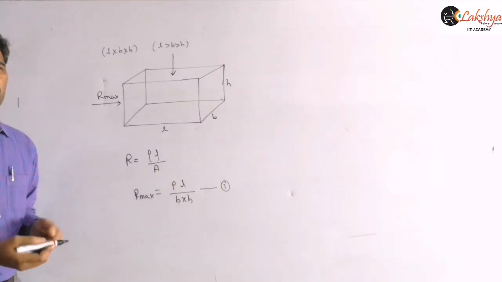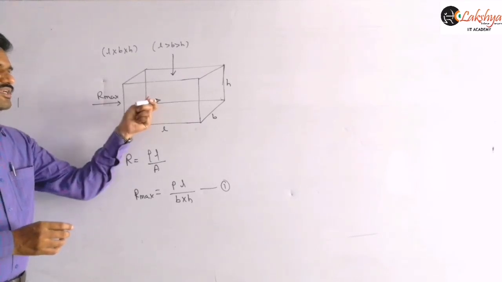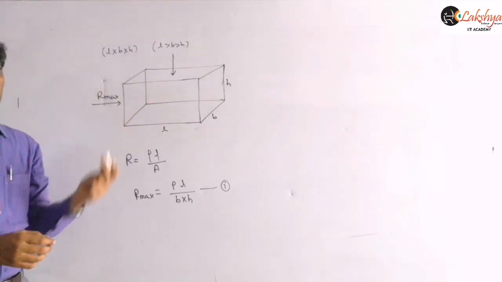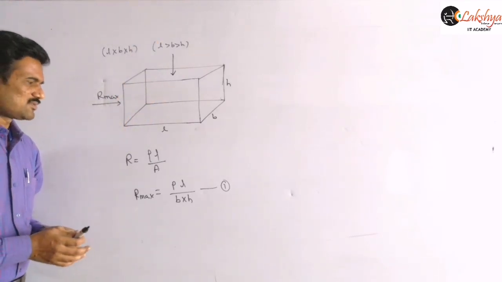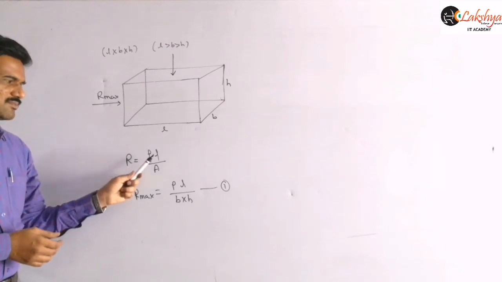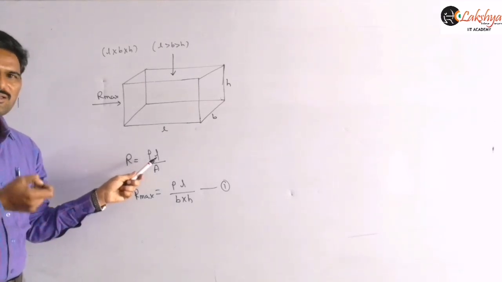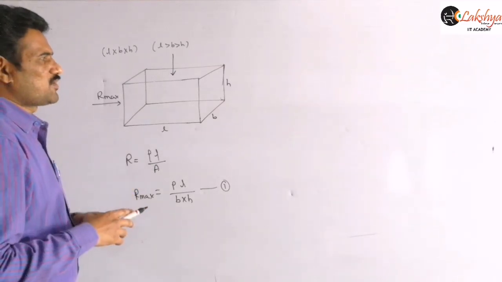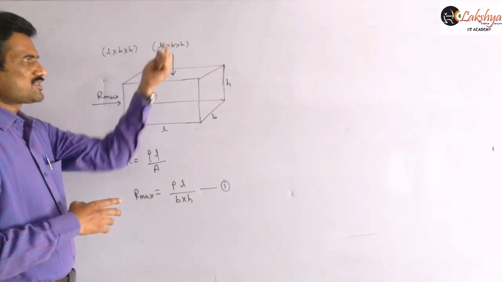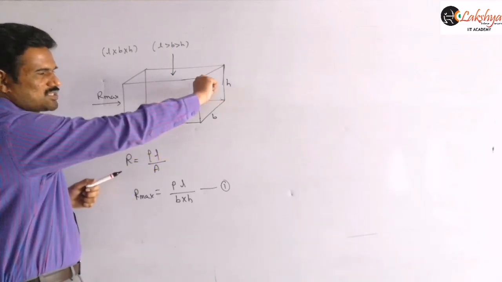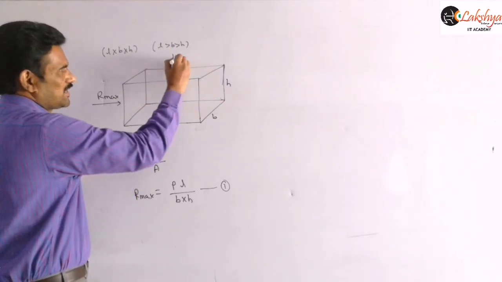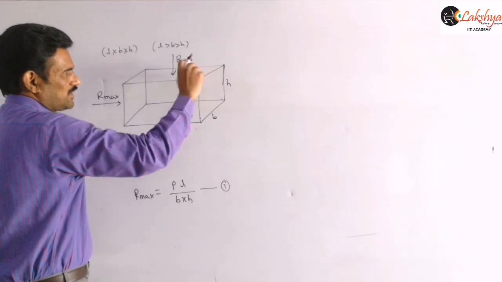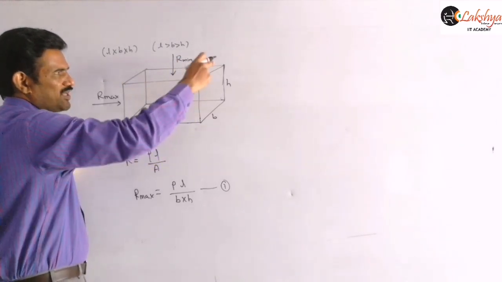Then minimum. Now for the minimum we need to verify whether it is flowing like this or like this. When you will get the minimum resistance, the length should be minimum and area of cross section should be maximum. That is possible only when you are taking it along this direction here, because this H is the least value. So when the current is flowing along this direction, then length is minimum, and you will get more area of cross section.